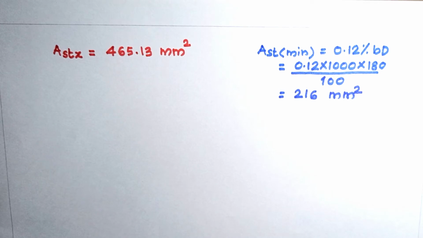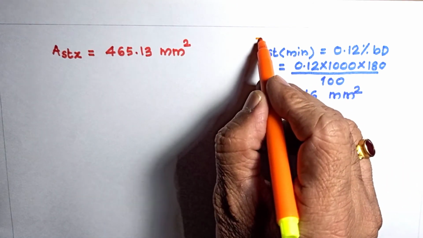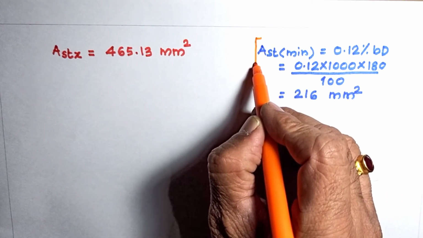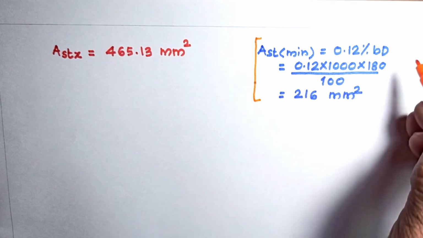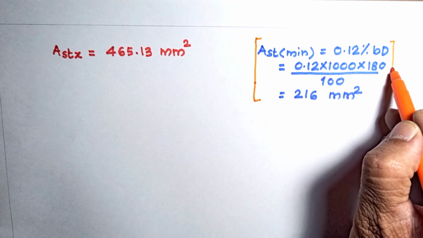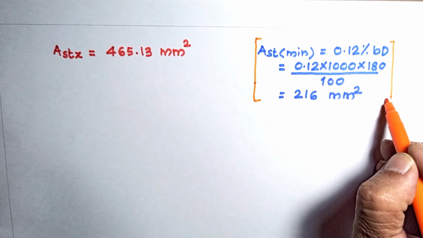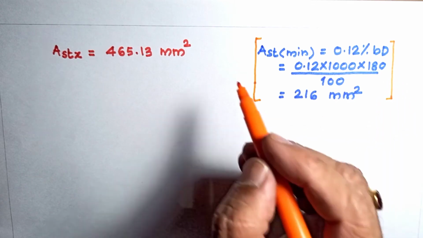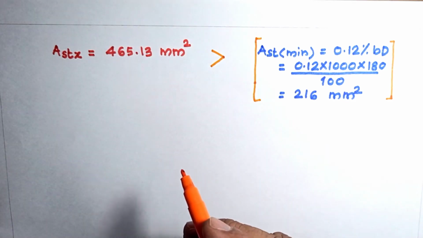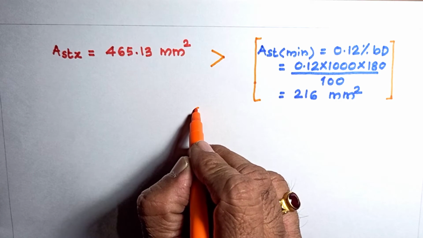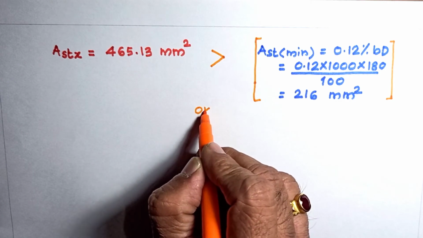Now you can very easily see that we have checked the value of Ast for minimum value of Ast, and we found that the calculated value of Ast is greater than Ast minimum, hence it is okay.